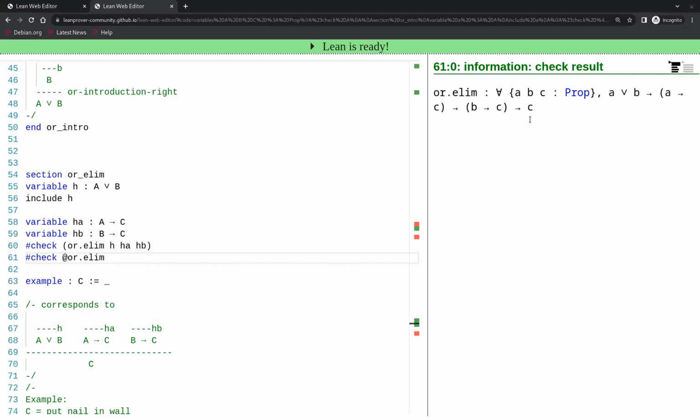So the output is a proof of C, and the inputs are a proof of A or B, a proof that A implies C, and a proof that B implies C.